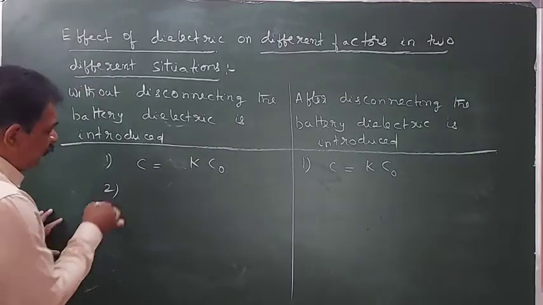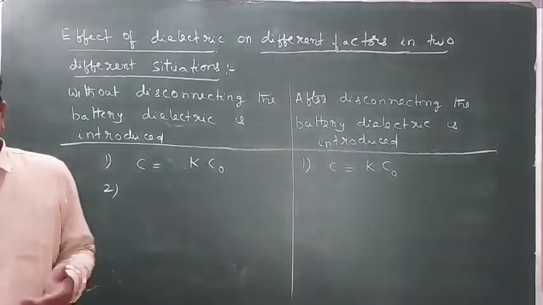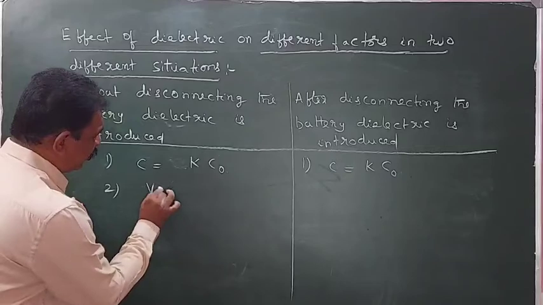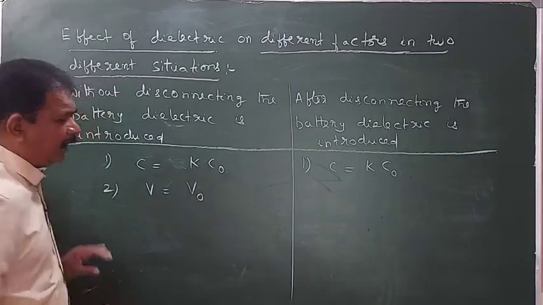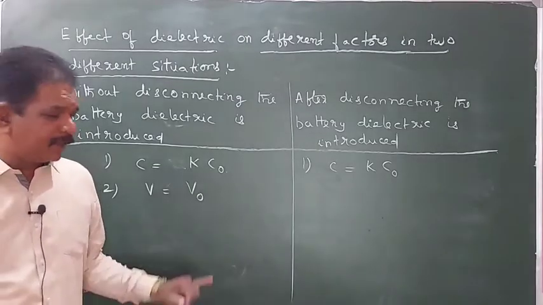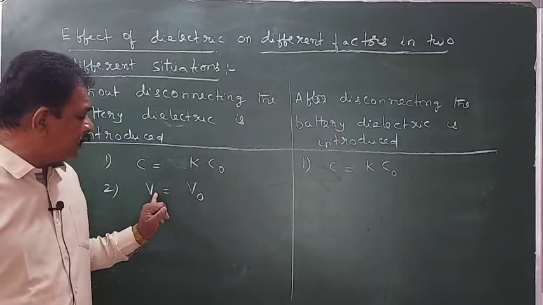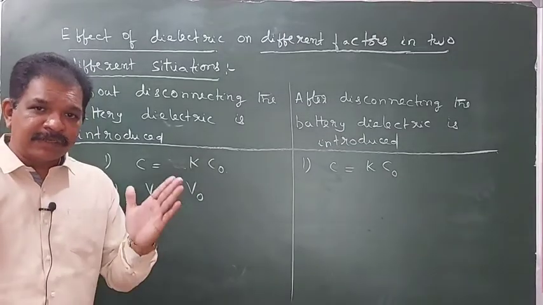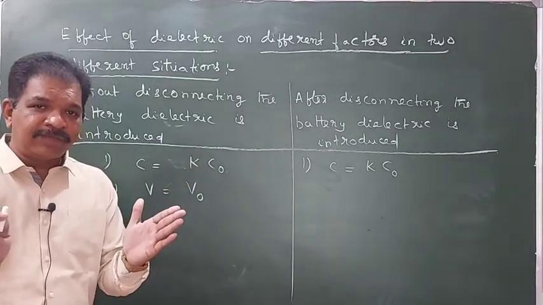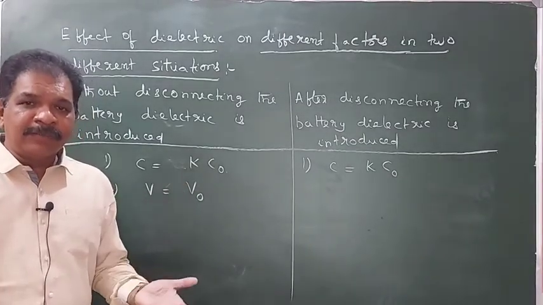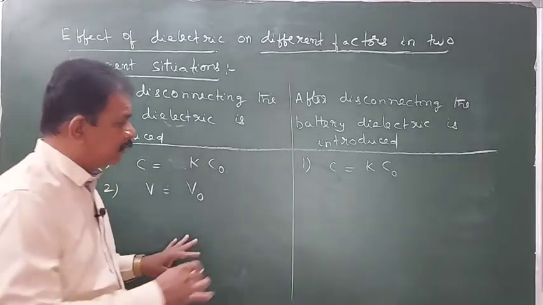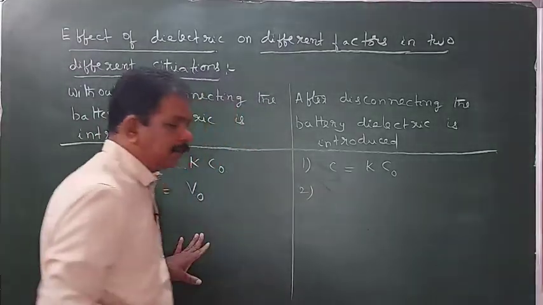Next, here battery is not disconnected, so potential difference across the plates will remain constant. Potential difference will remain constant across the plates of capacitor because battery is not disconnected. Here what will happen?